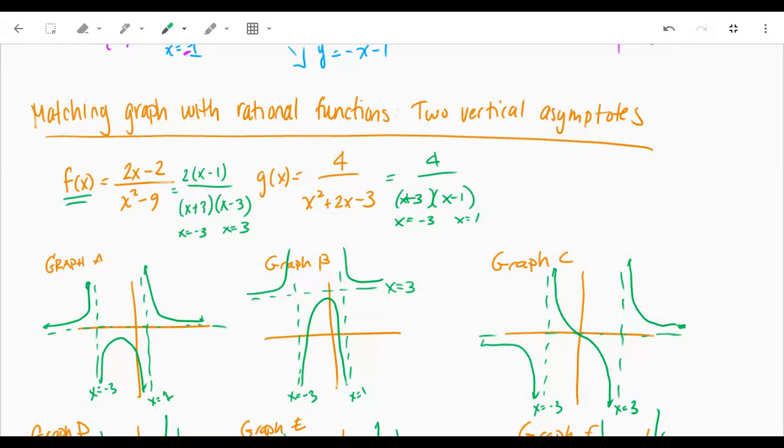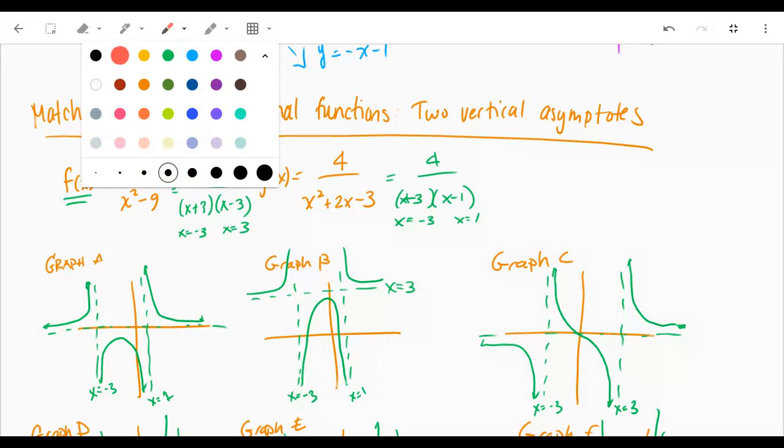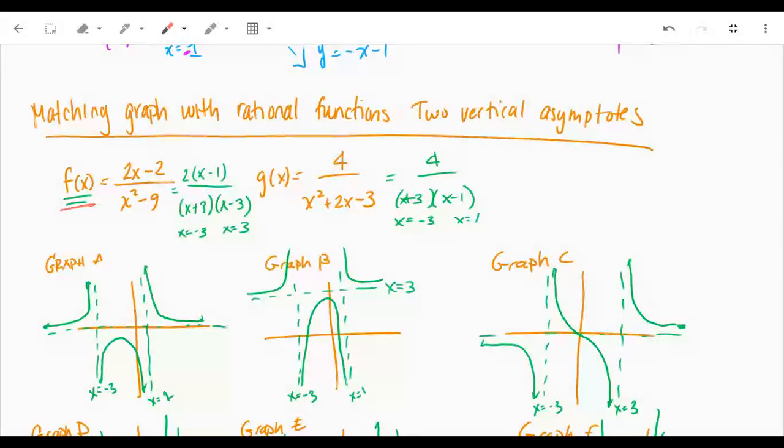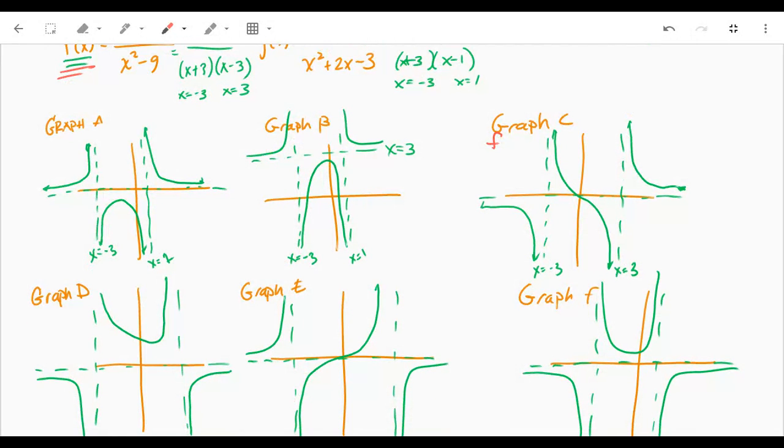Okay, so for g of x, I'm going to kind of color code a little different here. F of x, the possibilities are possibly C, D, and E. Those are all the ones that have the asymptotes at -3 and 3.